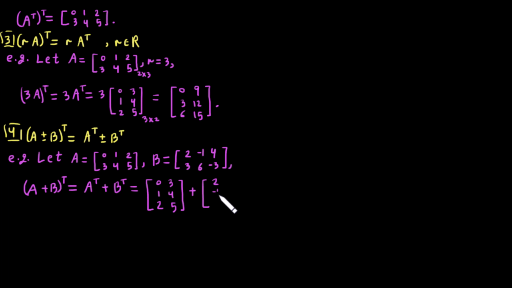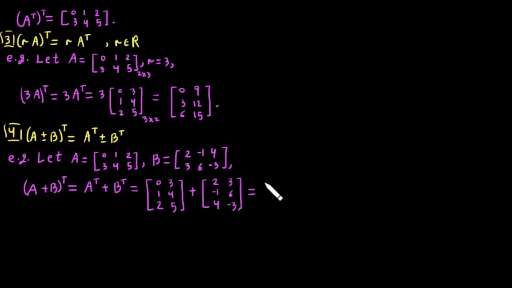So the first row will become the first column. The second row will become the second column. 3, 6, -3.